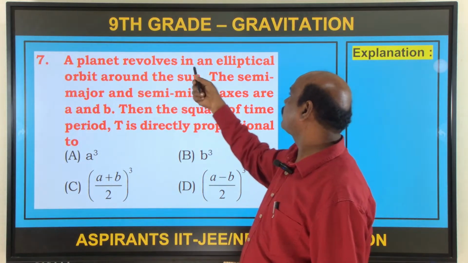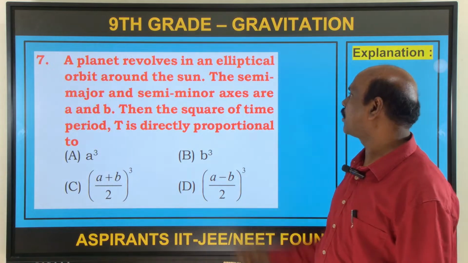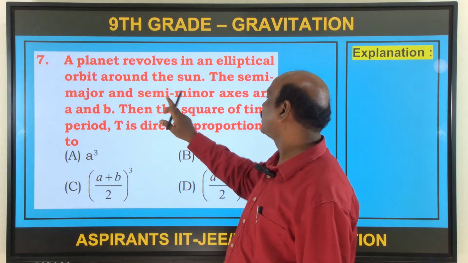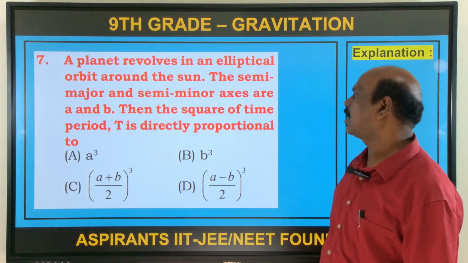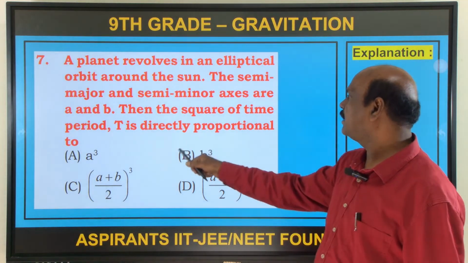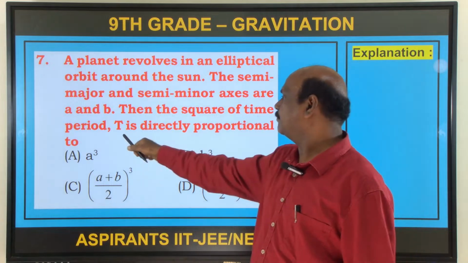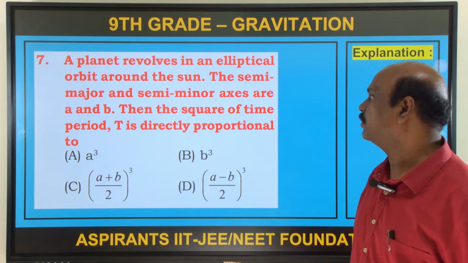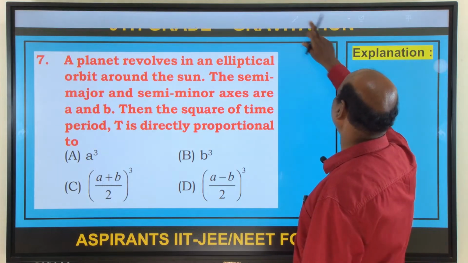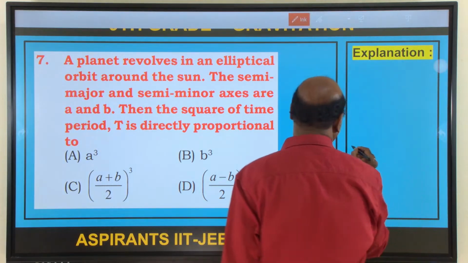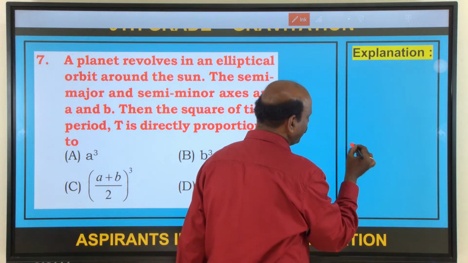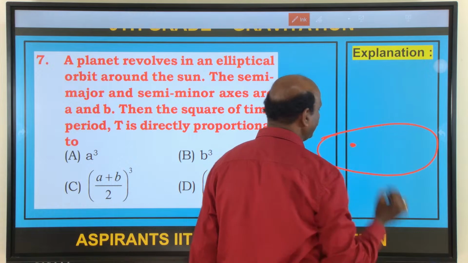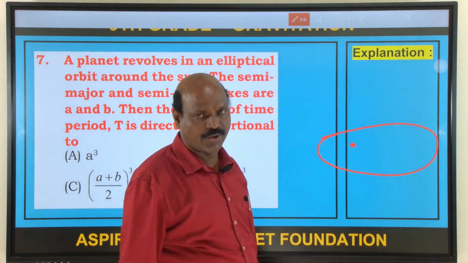The planet revolves in an elliptical orbit around the sun. The semi-major axis and semi-minor axis are A and B. Then the square of the time period T is directly proportional to... If the planet is revolving, take this as the center, the sun, and we know that while it is revolving it lies at one of the foci.